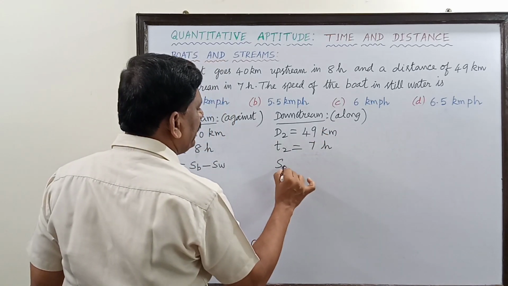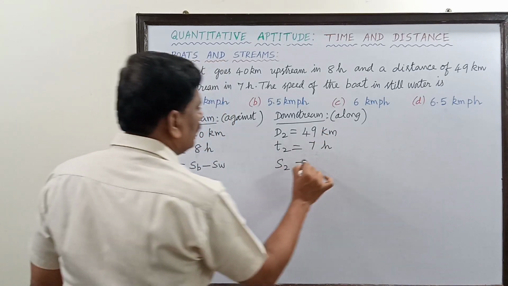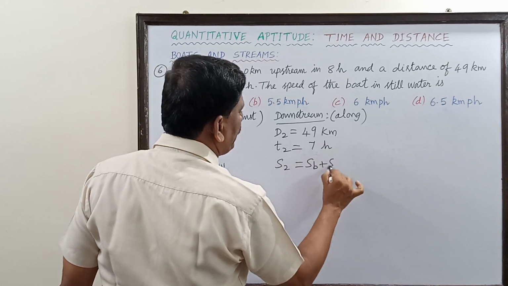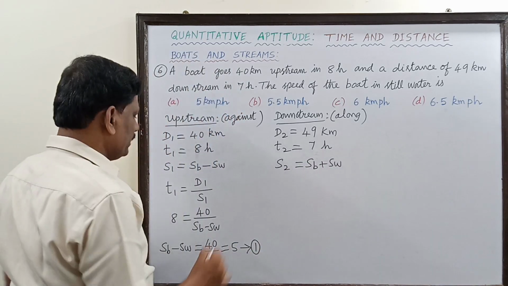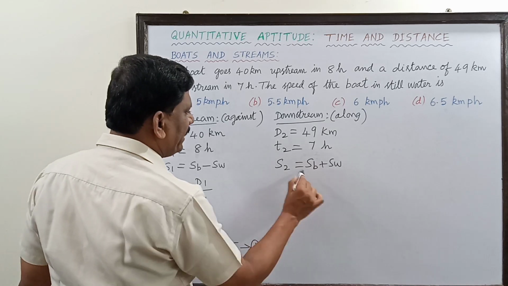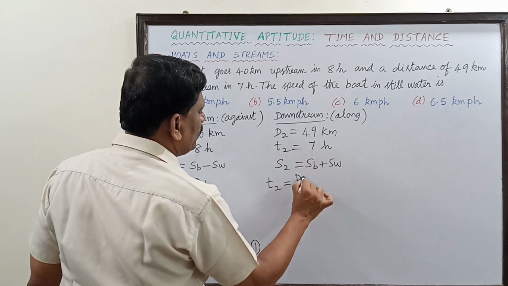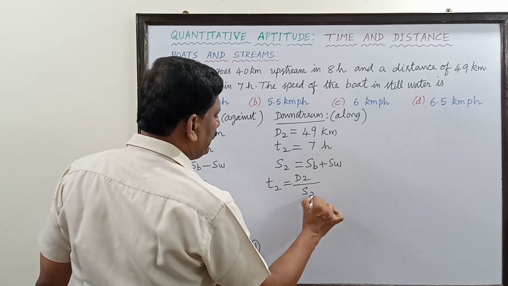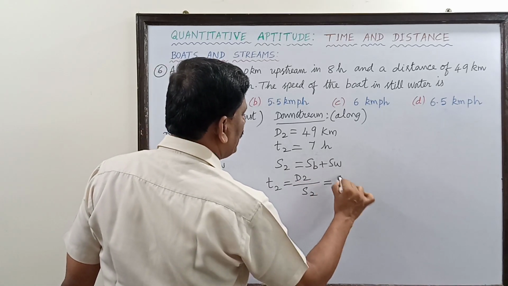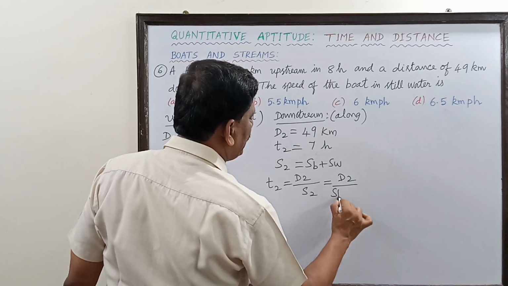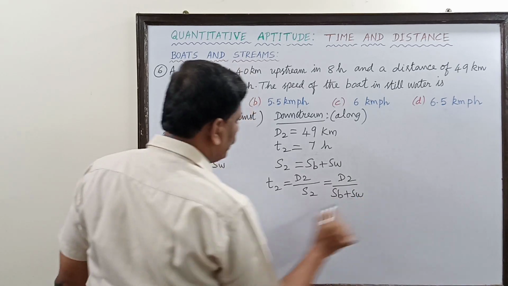And the relative speed S2 is equal to the sum of the speeds, SB plus SW. So similarly, T2 is equal to distance D2 divided by S2, which is D2 divided by SB plus SW.